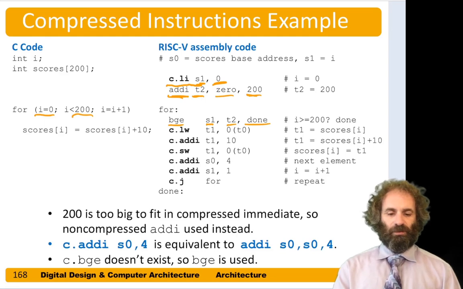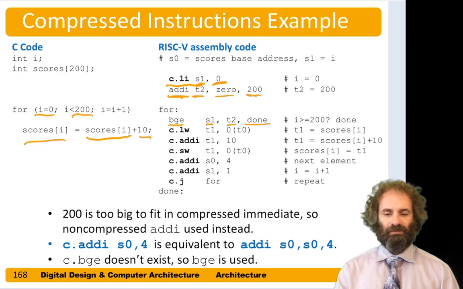In our program, we wanted to fetch scores I and add 10 and put it back. So we could load relative to some T0, put it in T1, add the 10, and store it back.